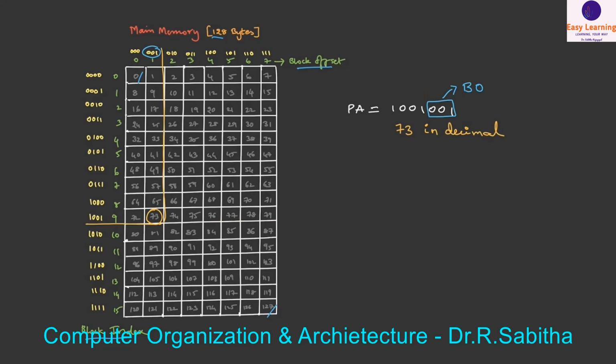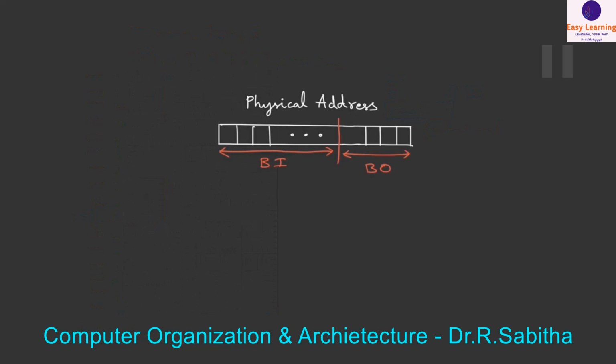So the last 3 bits, the second half, is your block offset, because 3 bits represent a block offset, and this 1001 is your block index. Yes. So this is how the physical address is framed. For understanding purpose only, we have taken 128 bytes, but in reality it will be more.